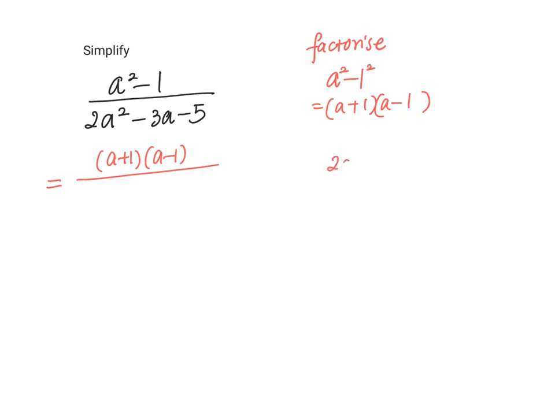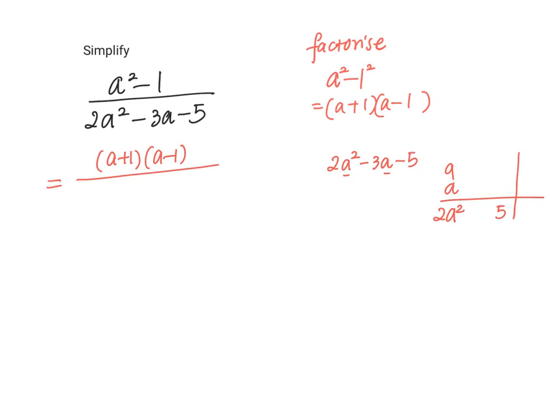Then let's take a look at our denominator. The denominator is 2a squared minus 3a minus 5. So a squared, a, and number, so we can do our cross method. This is 2a squared, a times a gives me a squared, and then this one is 5. Then we press our calculator, mode 3, a is 2, b is negative 3, c is negative 5.